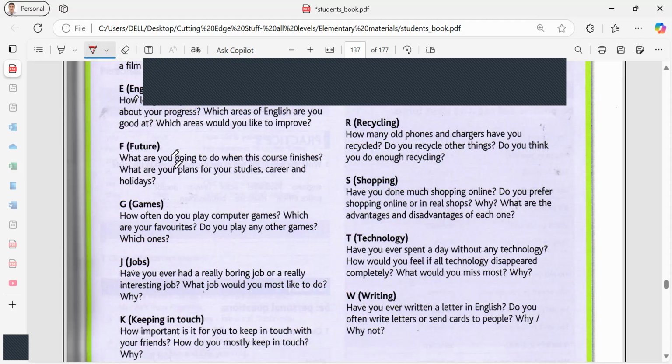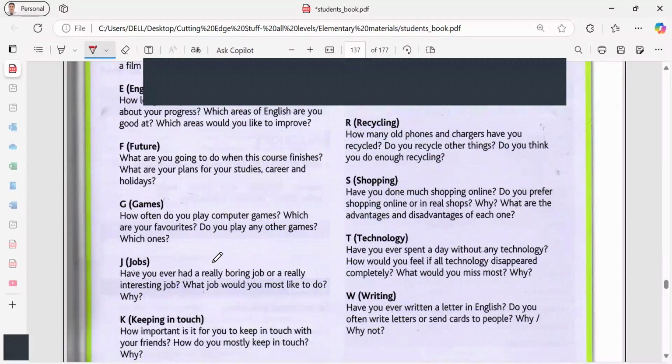Good. Why? That's because I love this, and I think that the most thing I love that is the biology. But the boring, I think maybe math, because math it's hard. So hard. And I know it was too boring. And now, what subject would you most like to do and why?